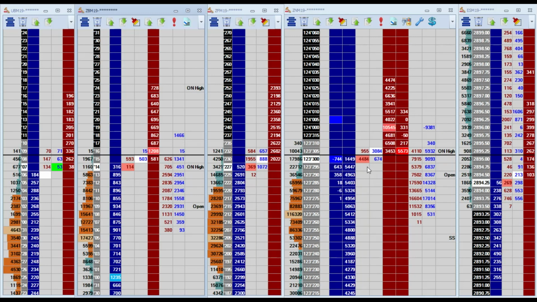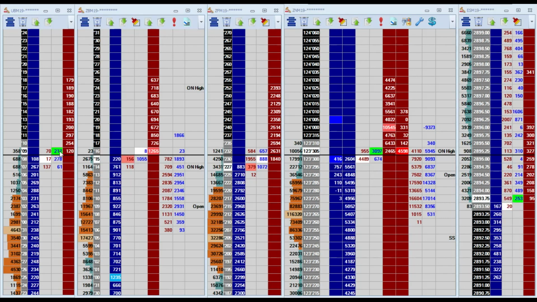Looks like it's starting to sell down quite a bit. We've already seen a little bit of aggression here, pretty good size coming through. But there's a lot of pushback too. You see that the 30-year and Ultra Bond back ticked a couple ticks, but then they're right back up to the highs.